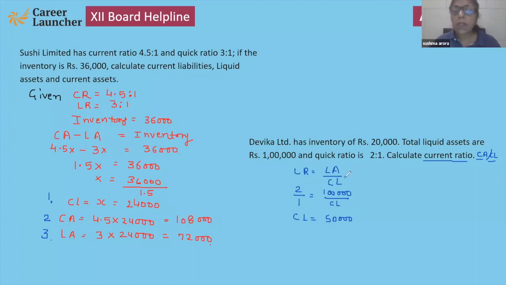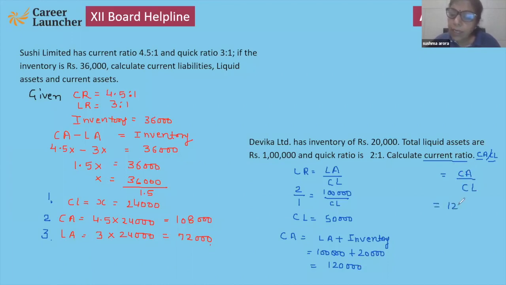Next is how to calculate current asset. Simple. Liquid asset plus inventory. So here, liquid asset given in the question is 1 lakh. Inventory given 20,000. So now current asset is 1,20,000. So now current ratio will be CA upon CL.